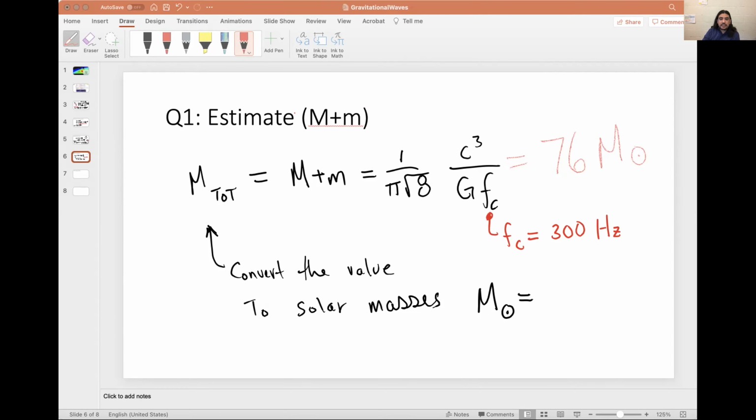So I think that this is very close. I think that value is pretty close.